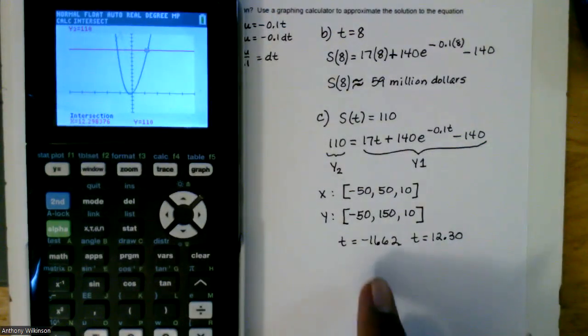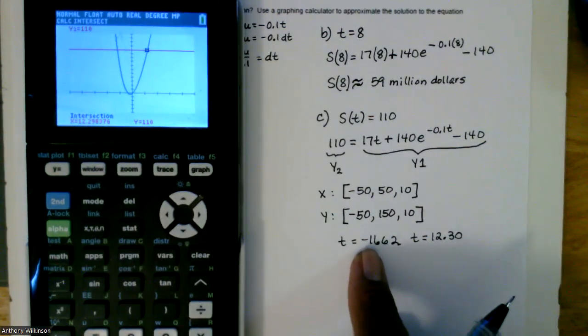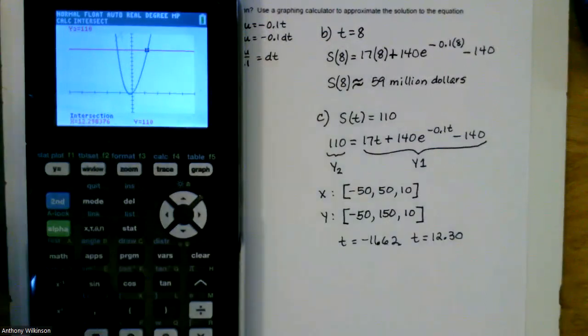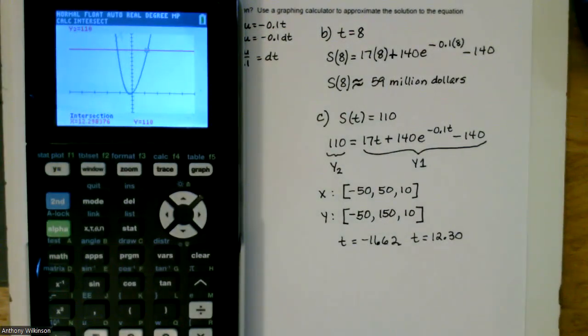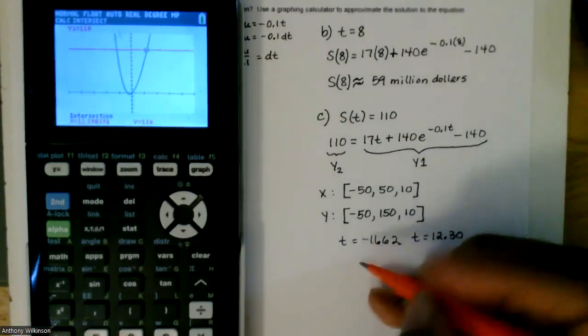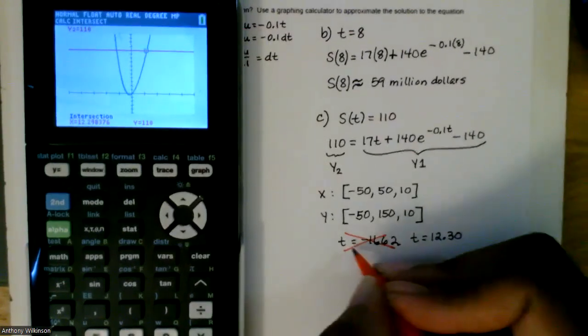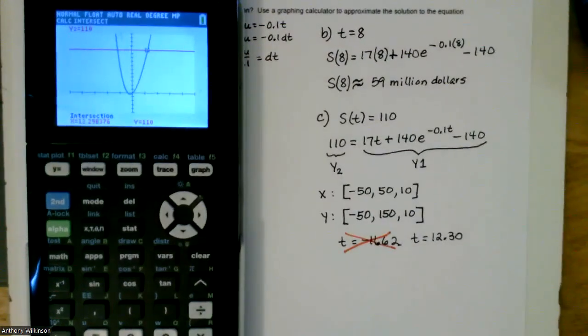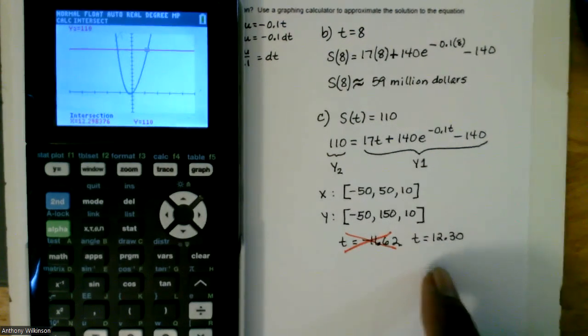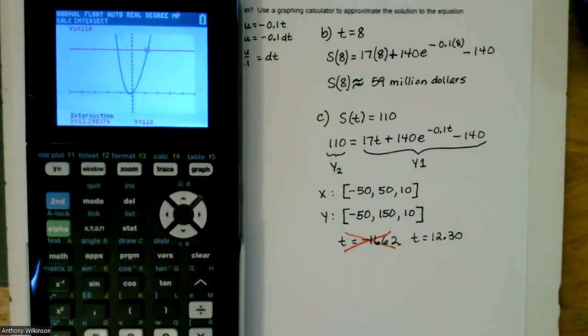However, we have to eliminate the one that gave us a negative amount because we can't have time to be negative. So that's out. We cross out the negative part there. So that means here that the time will have to be 12.3.